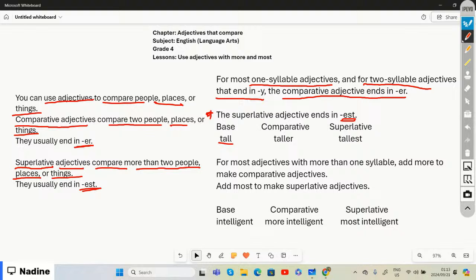Now we're going to compare that one. We use the comparative adjective, which compares two people, two places, or things. So if we say that the girl is taller than the boy, because now we're comparing the two of them, that's a comparative adjective.